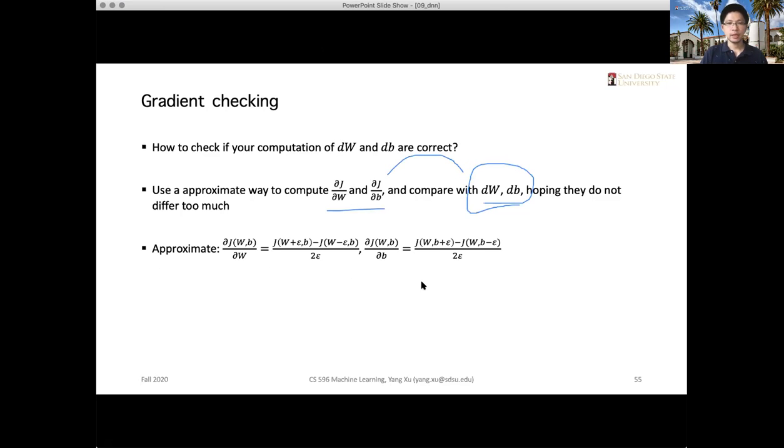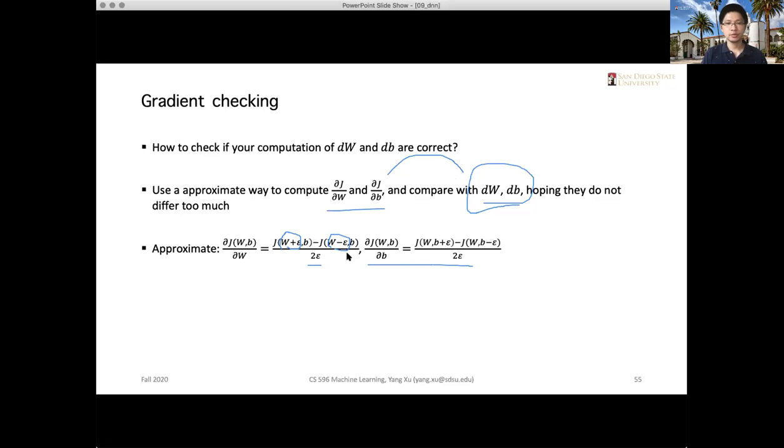We can approximate the partial derivatives by changing the values of W by a little step towards the positive side and a little step towards the negative side, obtain the difference of the cost function and divide it by 2 times the size of the step. And we do the same thing to estimate the partial derivative for B.